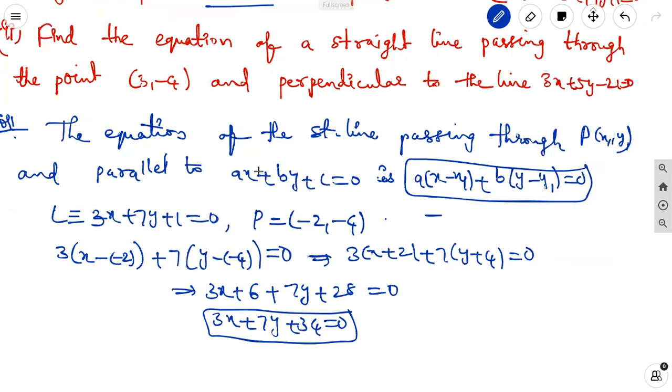This is the formula. All the problems depend on the formula only. If you remember the formula, then it can be easy to solve. The second one is, again we can recall the formula.